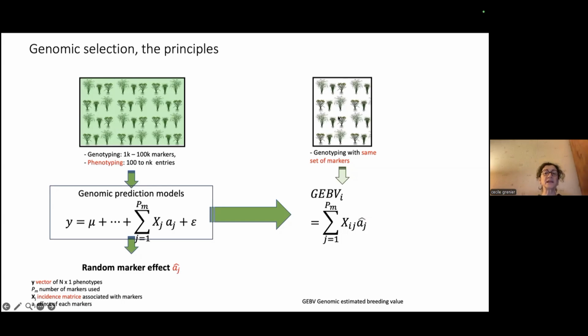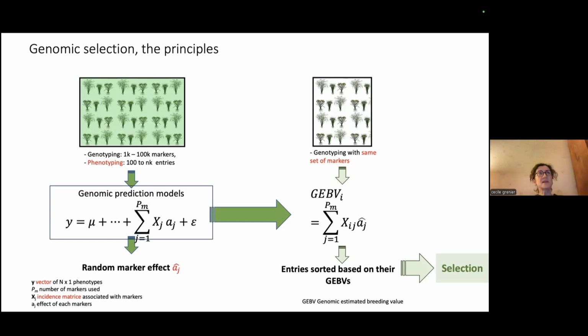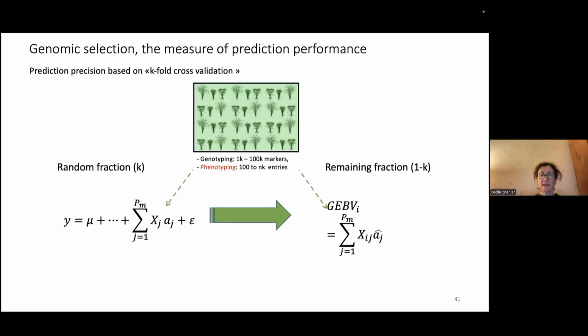Basically, those individuals will never be phenotyped, they will just be genotyped. And owing to the calibration model developed with the reference population, we will be able to estimate their breeding value and select the best entries for selection. So this is a very new method that has been developed in the early 2000s and is still currently in use. I'm not going to explain, probably in a different lecture, the way we calibrate the model and estimate the relevance of the model.